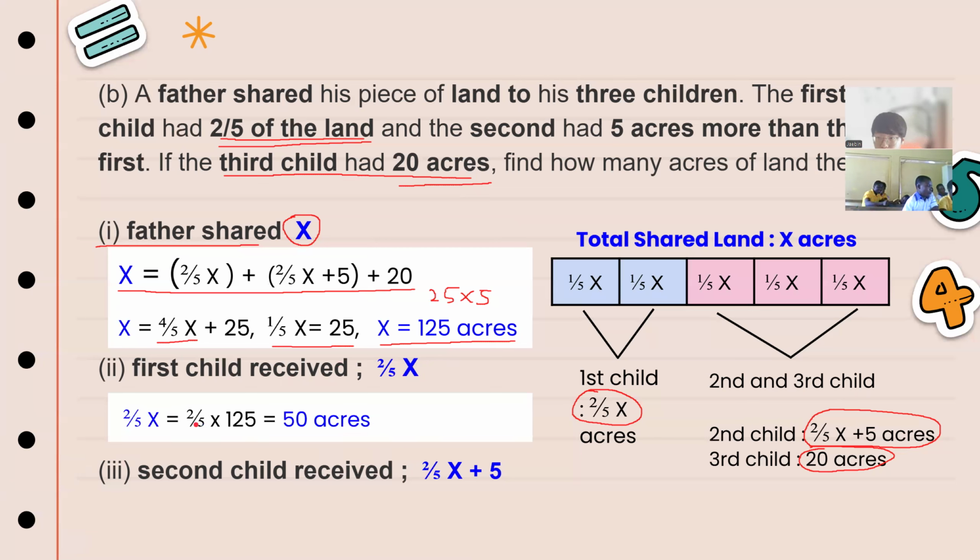That would be 2/5 times 125, which is 50 acres. And the second child received 5 more than the first child, so 50 plus 5 is equal to 55 acres of land. Does anyone have questions about this problem here?